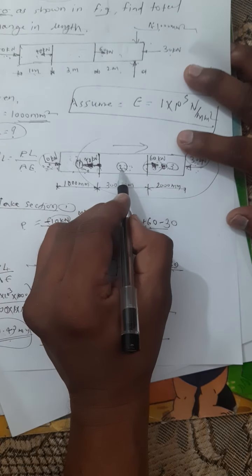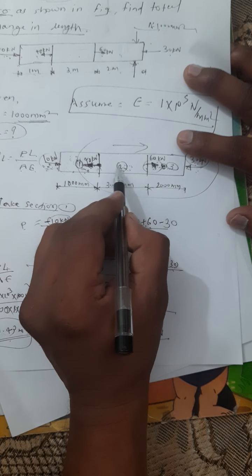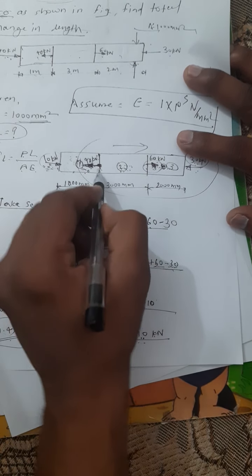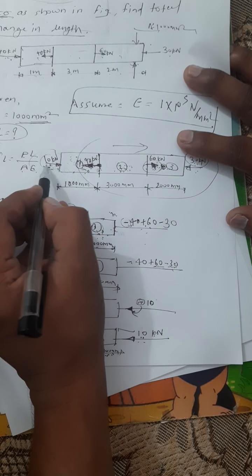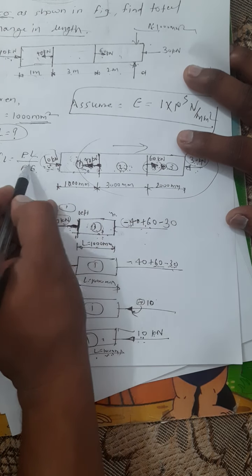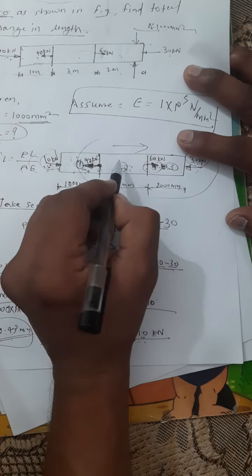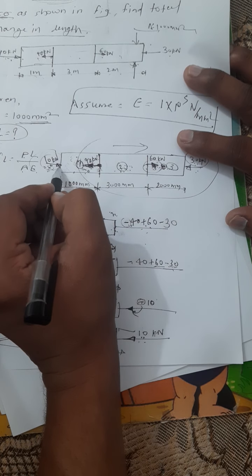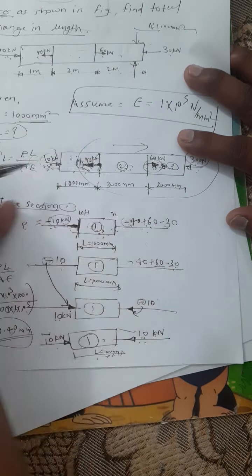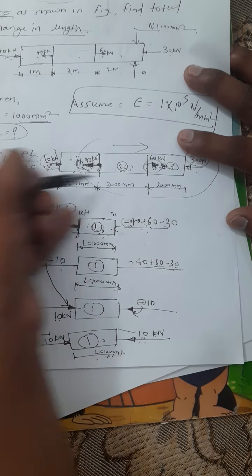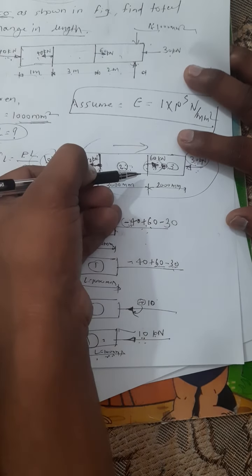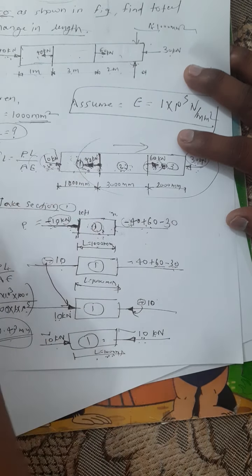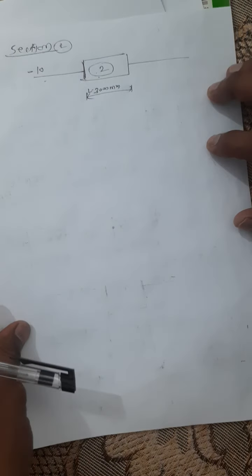This first force is doing a pushing effect. See the arrow of this 10 kilonewton towards the left side of section number 2, so it pushes. Push means minus. So first force is minus 10.